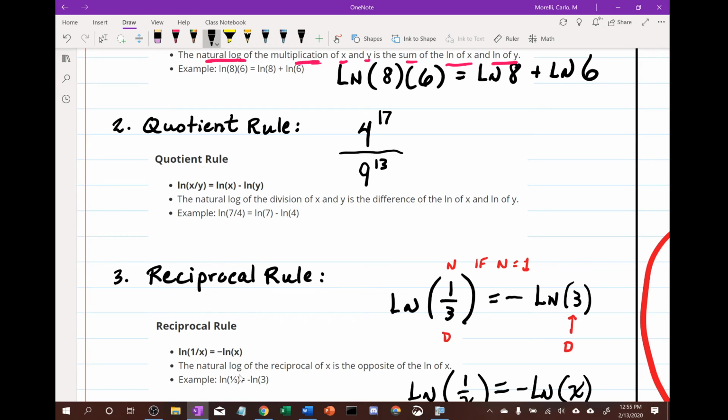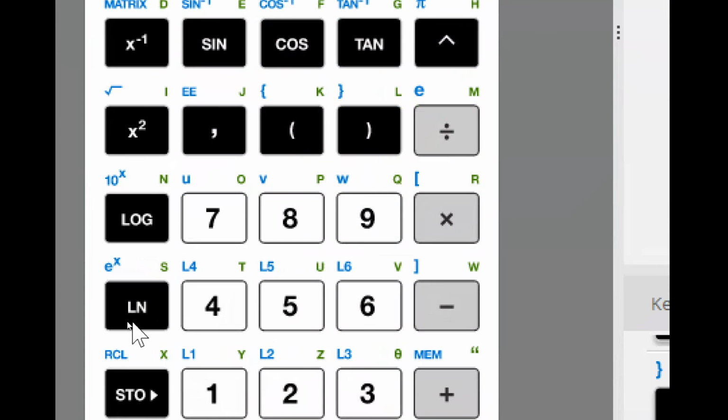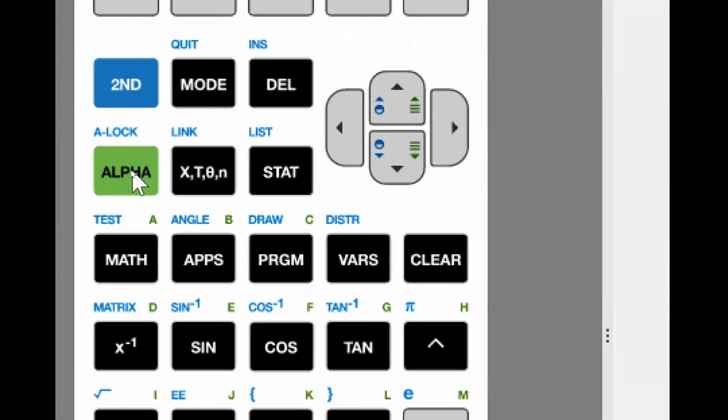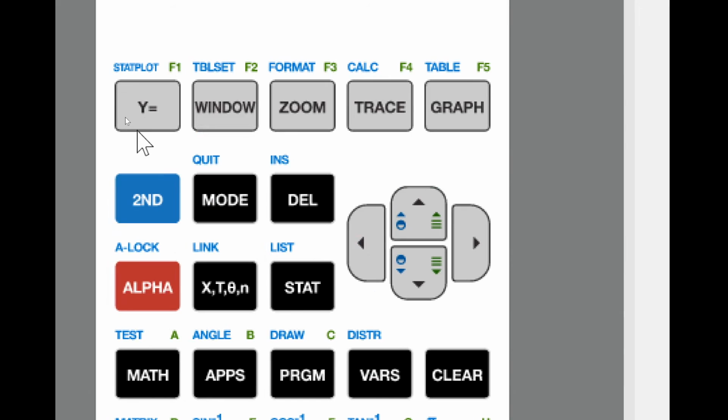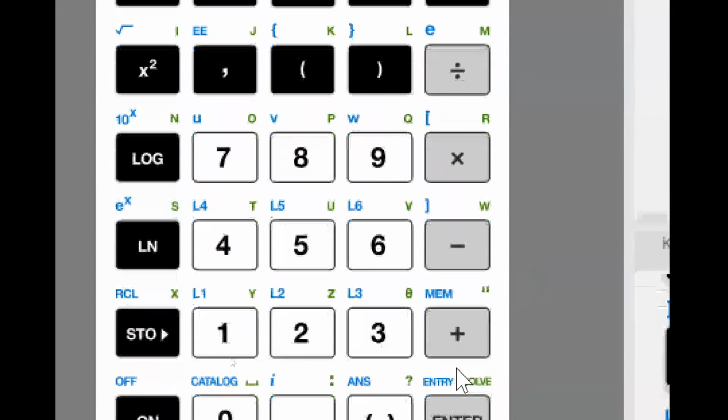All righty. Now let's put all of this in parentheses and let's put an ln next to it. Now we're going to hop over to the calculator. We're going to hit ln right here, and then we're going to hit alpha, y equals, enter.